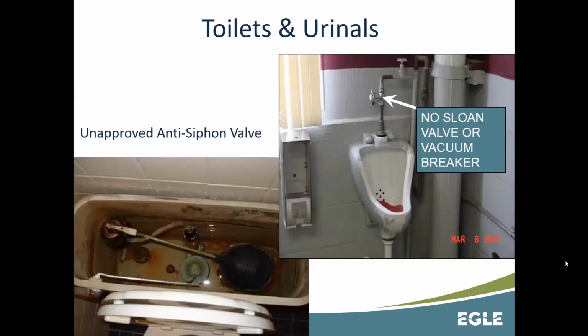We've talked about toilets before. A lot of them now, you might see a vacuum breaker installed right above the unit itself. For those that aren't, specifically the water closets where they've got the water tank set up on the back of the unit, they need to have the anti-siphon valve inside of it.